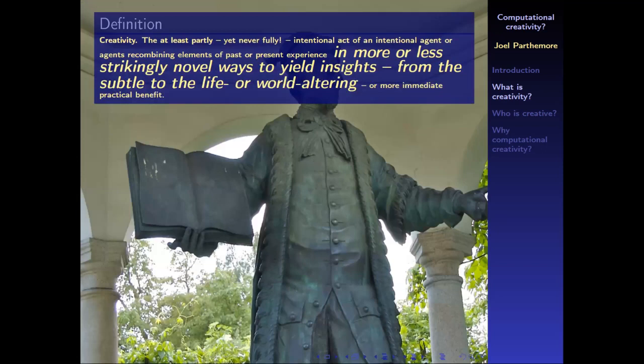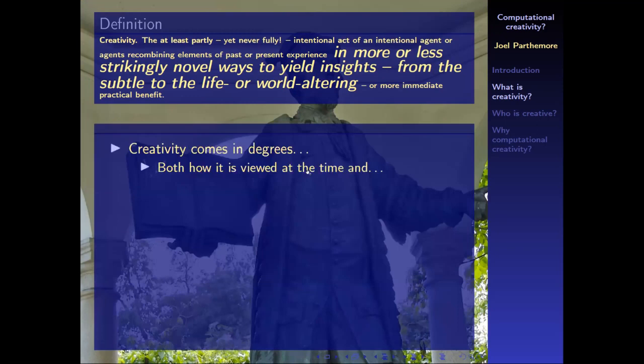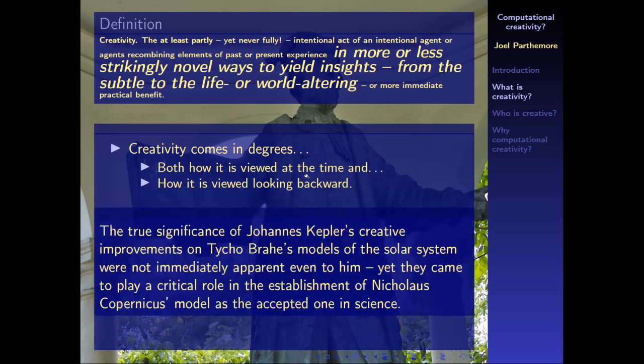Recombining elements of past or present experience in more or less strikingly novel ways to yield insights from the subtle to the life or world altering. Creativity comes in degrees. I think that's non-controversial, both in terms of how it is viewed at the time of the creative act and how it is viewed looking back at the creative act.